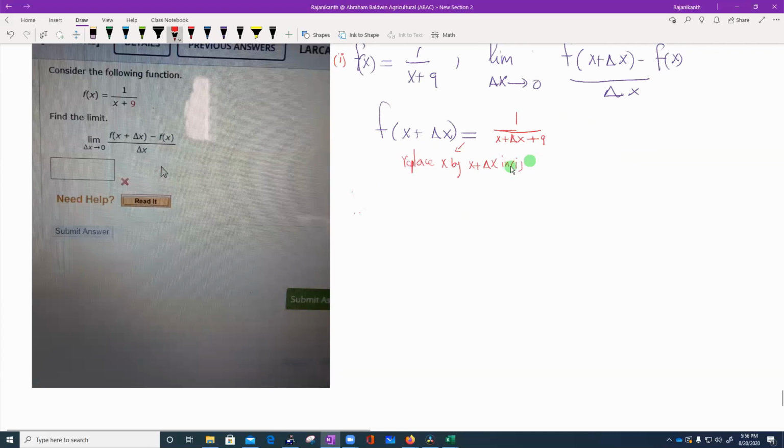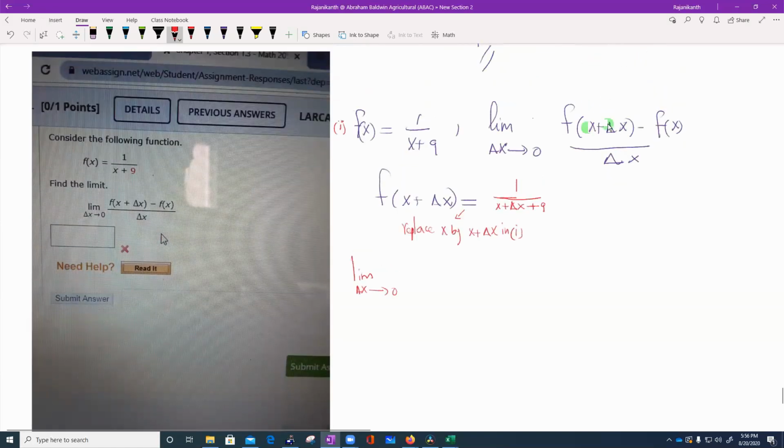So limit delta x goes to 0. I'm writing down the expression. You need to now find out this guy. Already we know now f of x plus delta x is here. I'm replacing f of x plus delta x by this guy.